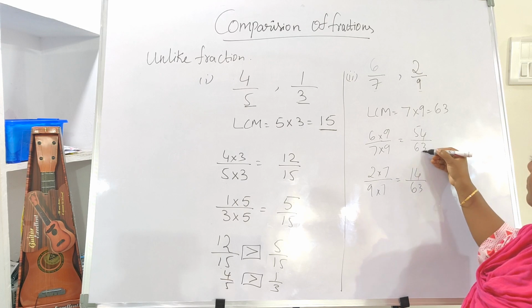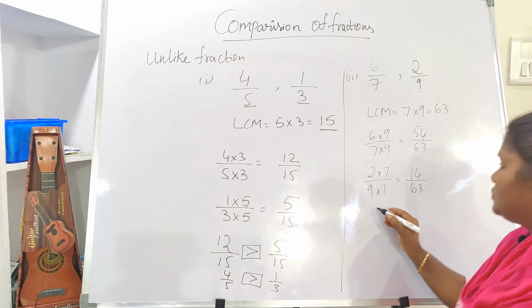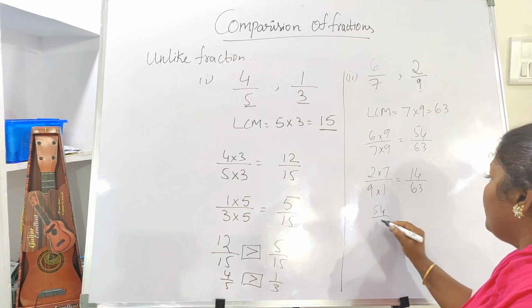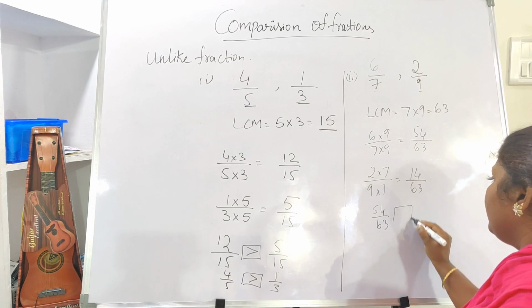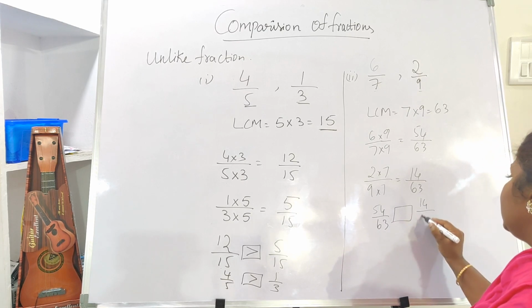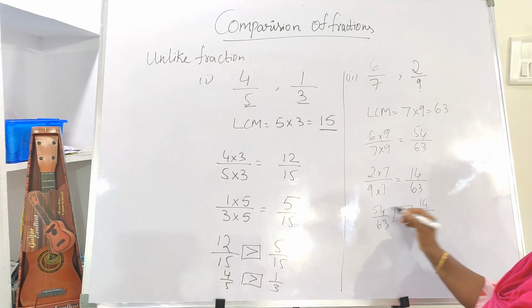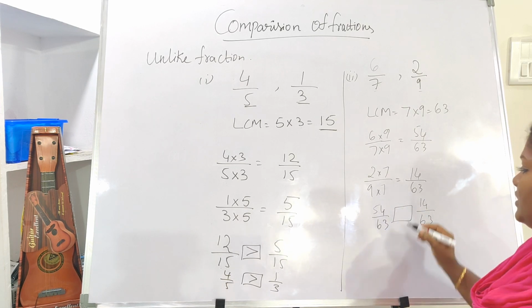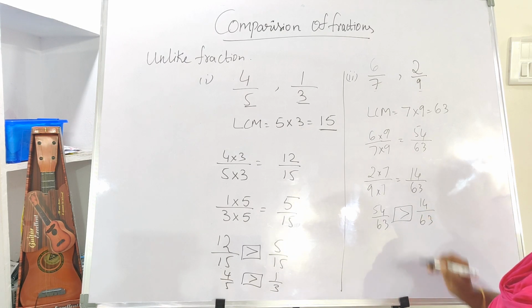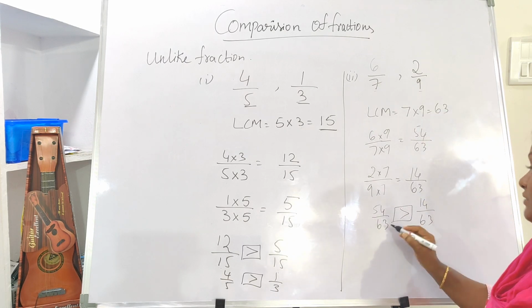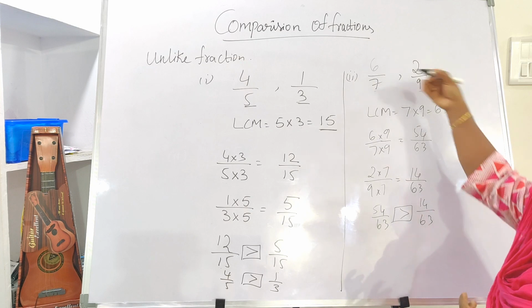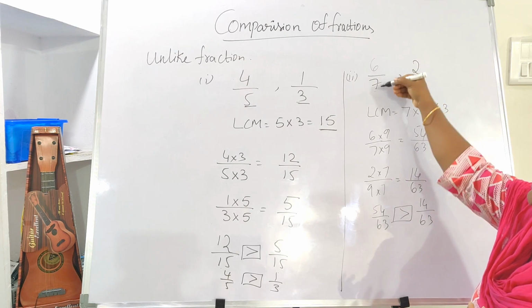Now you can see that both the denominators are same. So just write down 54 by 63, 14 by 63. Check which numerator is bigger. 54 is bigger, so this fraction is bigger. So don't leave the problem here itself. You have to go check what the initial fractions are.